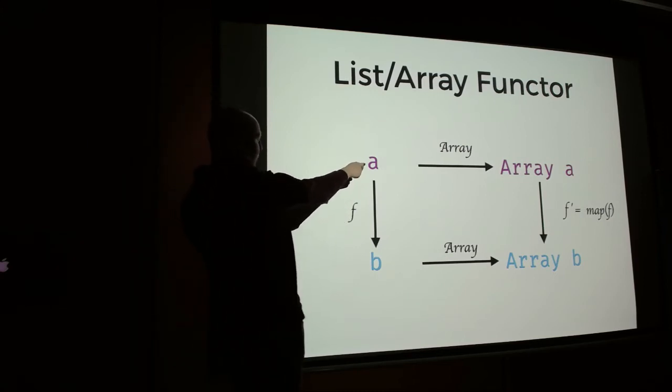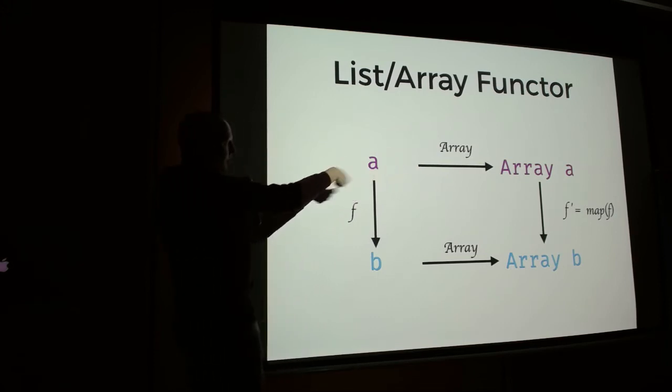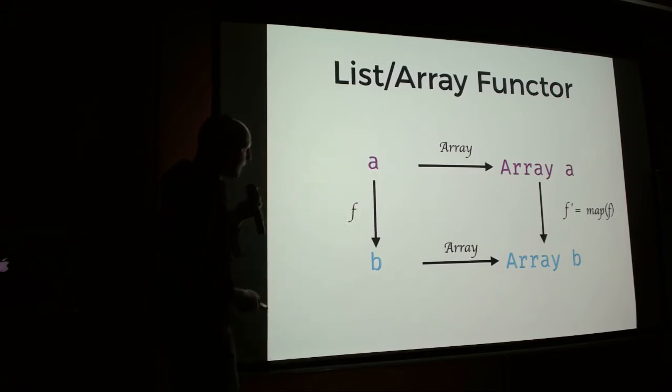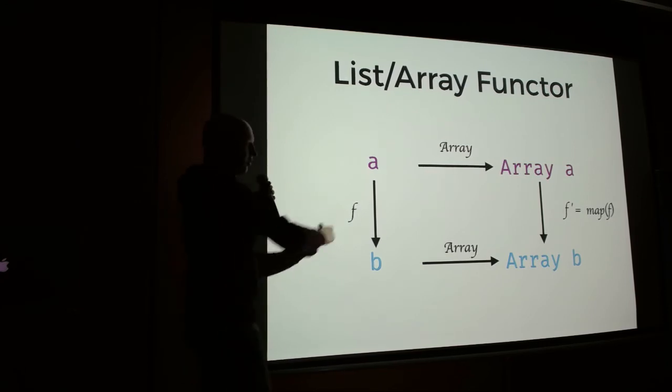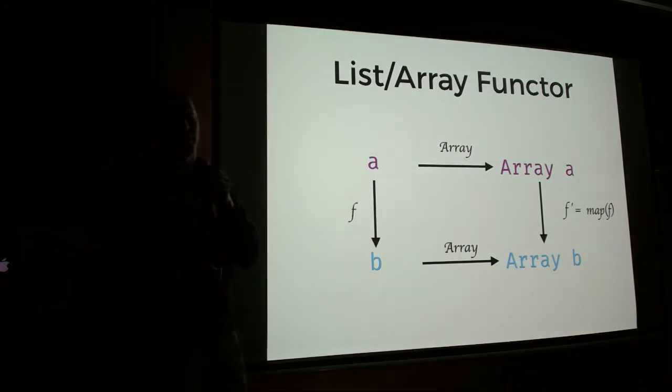You have a type, let's say it's int, and you apply the array of type function to it, and you get the array of A. And if you have function f between A and B, you can map between arrays of A to arrays of B as well. And you know how to do it. You apply this function to every element. And this function is actually called map in JavaScript and other programming languages.